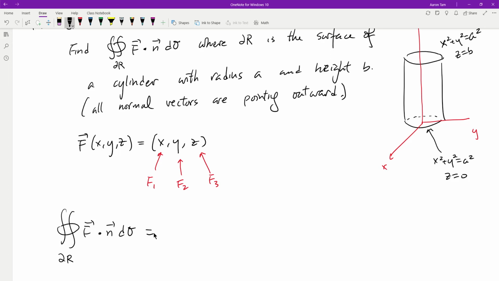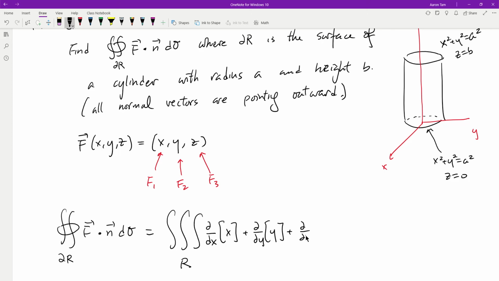Based on Gauss's theorem, this is equal to a triple integral over R, where R is in this case the cylinder, of d over dx of f1, which is x, plus d over dy of f2, which is y, plus d over dz of f3, which is z, dV.